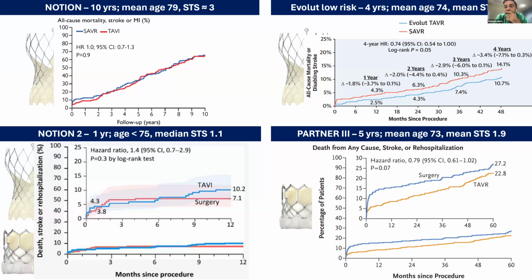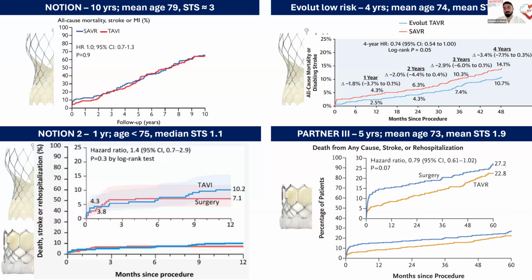Let's say this valve degenerates earlier than usual, and you are worried that there could also be a surgical phase, and then probably a future valve in valve, like in this case. But I agree with you that in this case probably a balloon expandable platform is the best solution.